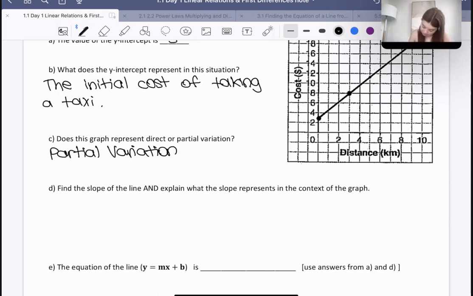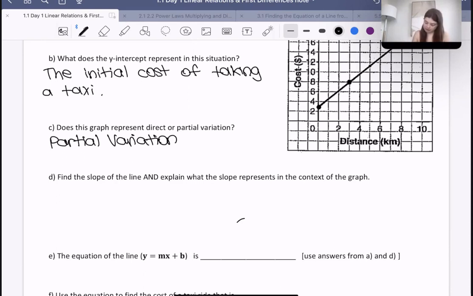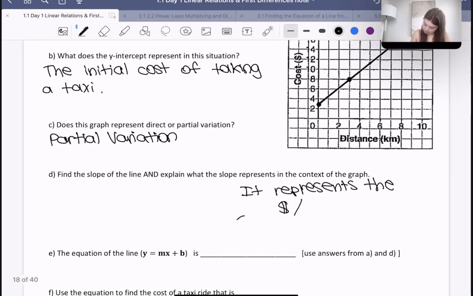So it represents, let's write that first, the dollars per kilometer, or I should just say cost per kilometer.